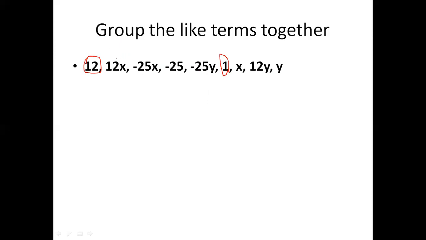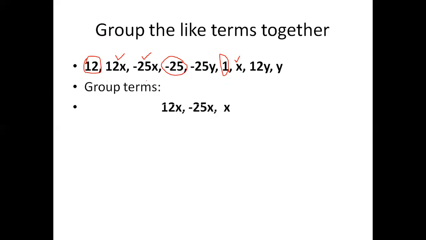Then I have 12x. So I can group all the x terms together. This is 12x, minus 25x. Then I have x. So even the constant term minus 25 is there. Now what is left is the y terms. So I will group them together.